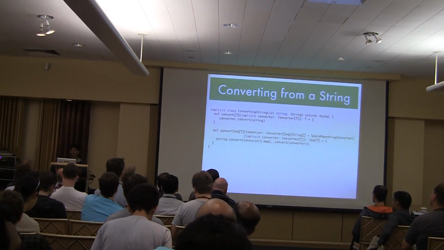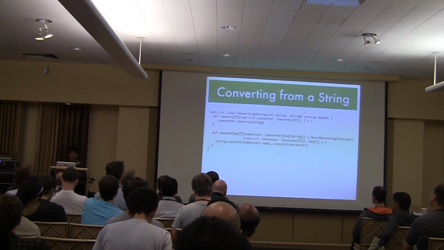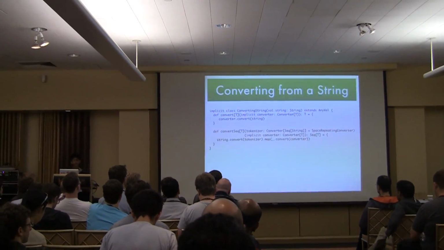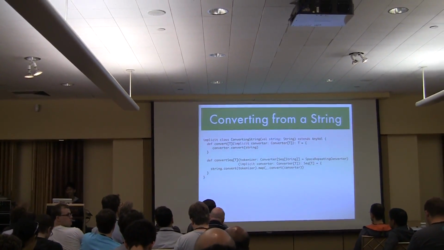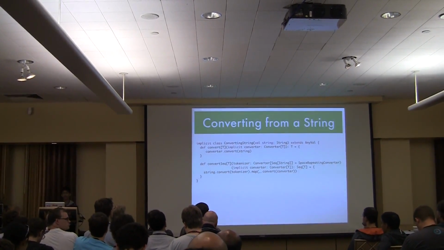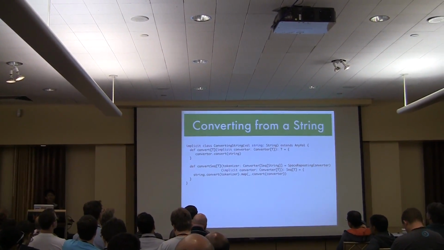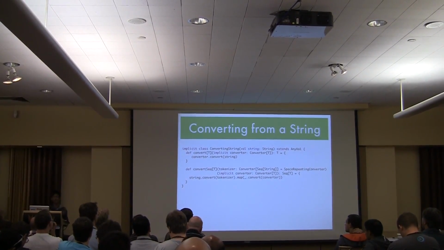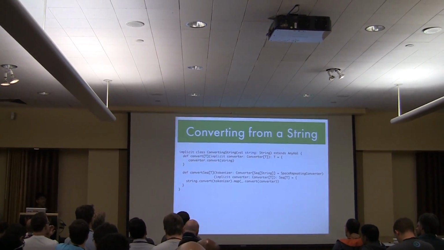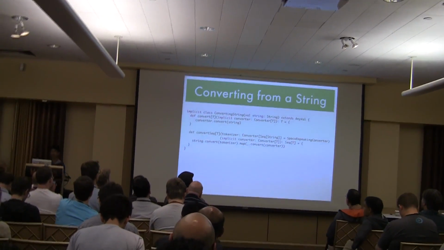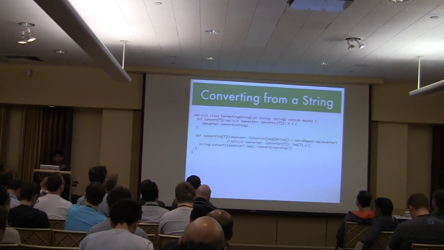But you can set this to another repeating converter if you want. Then I also have my implicit parameter converter, which is Converter[T], and this is basically the same thing I'm doing in convert. Now I'm converting using my tokenizer. This splits up my string, and then I'm converting each of the individual elements based on my implicit converter.